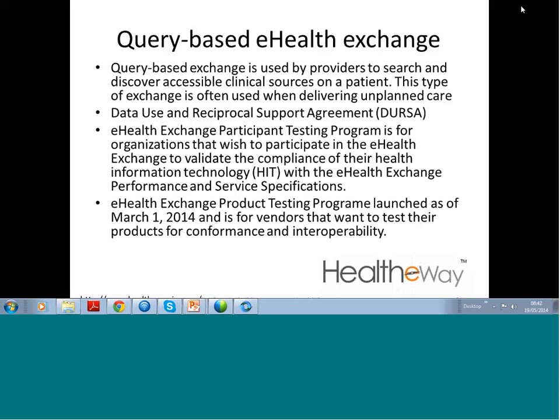I wanted to share this with you because it gives you an idea about another way of evolving health information exchange, which is in essence to develop a data use and reciprocal support agreement and to get the different public and private hospital and community services to sign up to it, to enable any data that's been collected about any patient within any of them to be available to any of the others who want to find out about it.